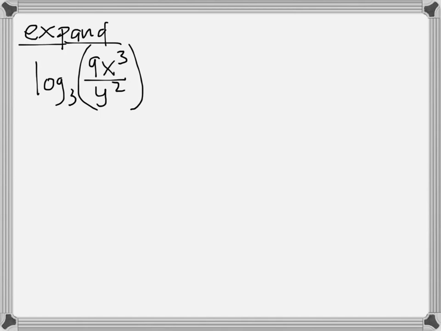Okay, step number 1 with the division. I'm going to break this up into just 2 logs, subtract the log of my denominator from the log of my numerator. So let's do that first. Thrown out every bell and whistle on this one. So if you can do this one, you're going to be in good shape. And I just subtracted the y squared.